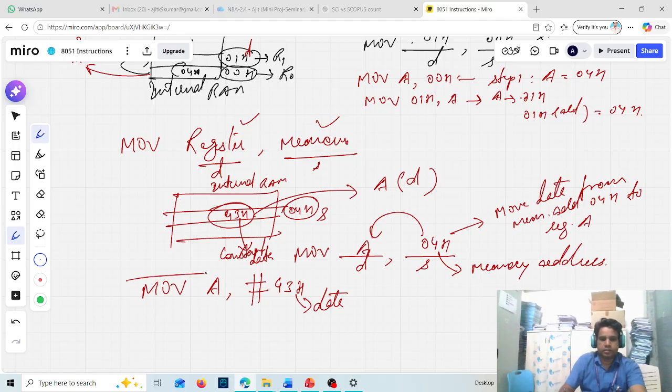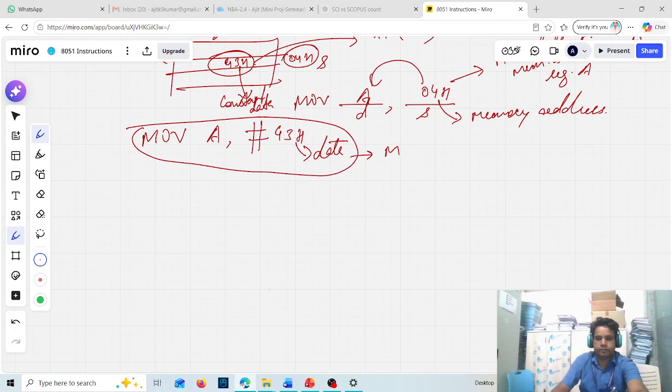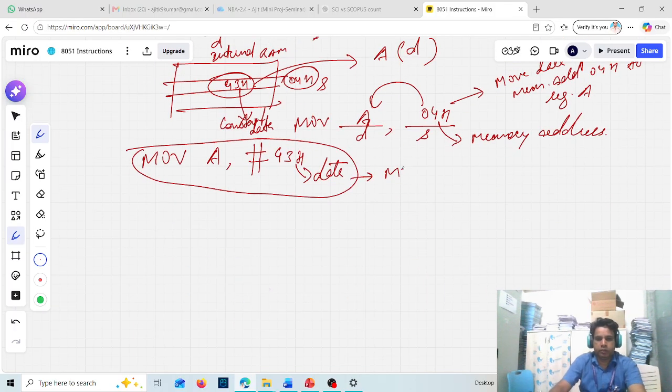The meaning of this instruction is move the immediate data. Why is it immediate? Because the data is not available in register or memory location, but it is immediately available in the instruction. So move the immediate data 43H to A. This is the meaning.